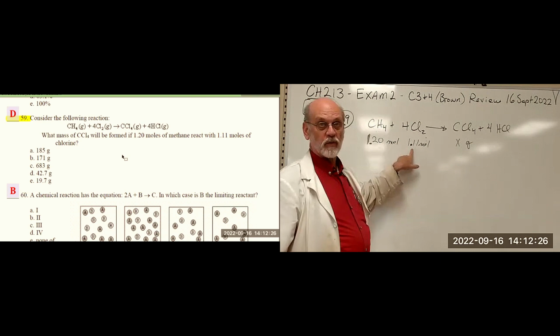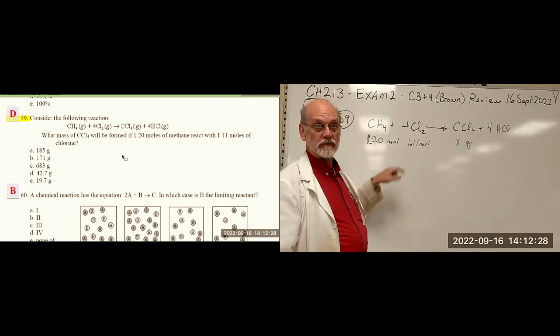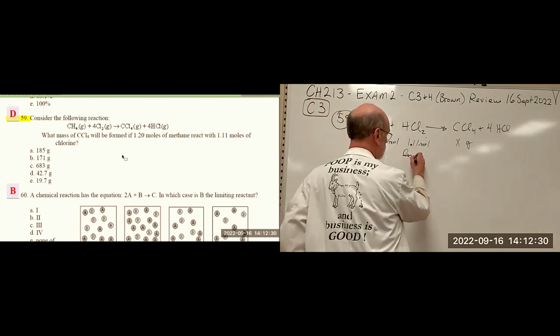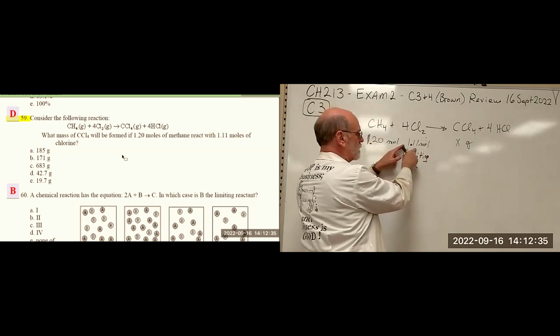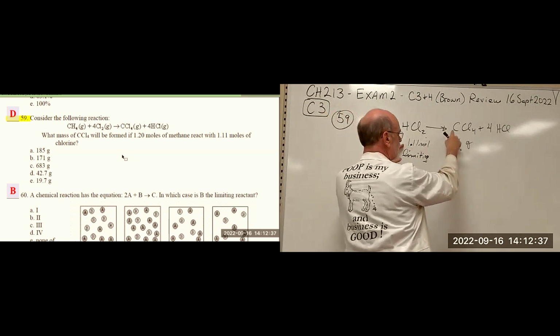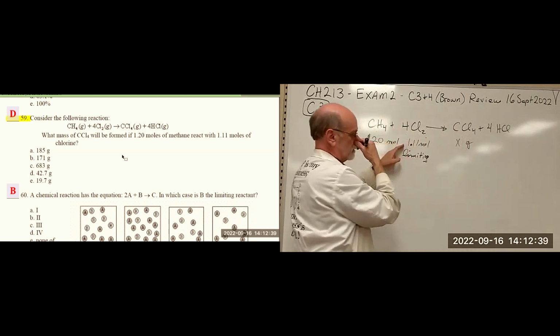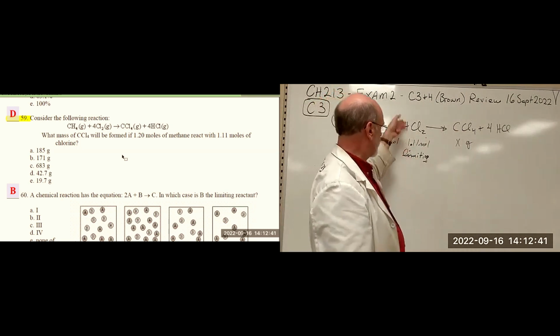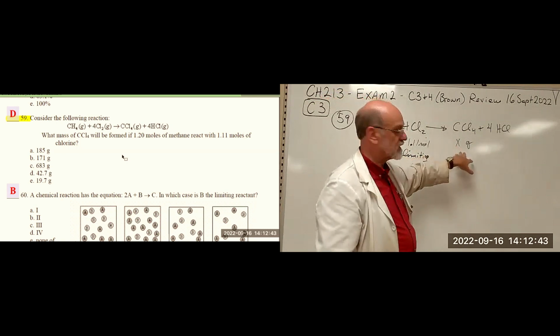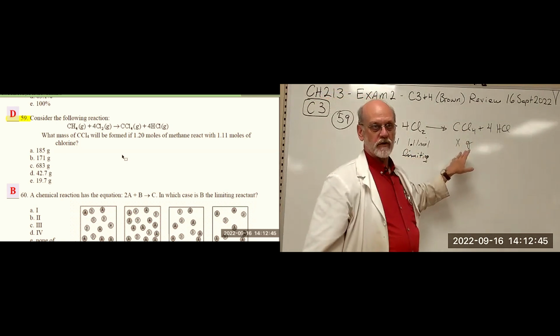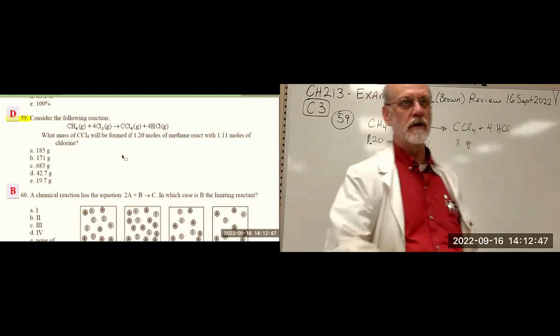And you only got 1.11. So this one is the limiting. So use that one and the coefficients to find out how many moles of this. So divide 4 into that one, it gives you the moles of that. Then use the molar mass and convert to grams. You got your answer.